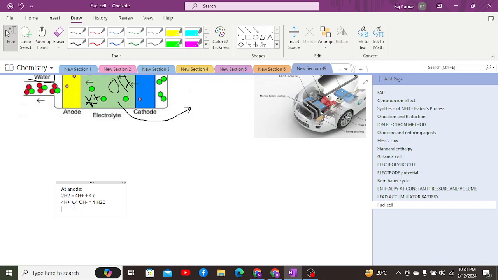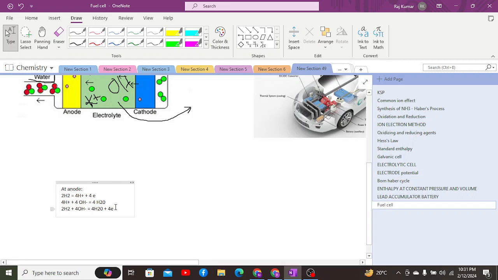After that, what we are going to do is combine both the equations. When we combine both of these equations, the protons will be cancelled out because they are equal and on opposite sides, and on the other side we will get 4 OH, and we will gain 4 H2O molecules, and moreover there will be 4 electrons.